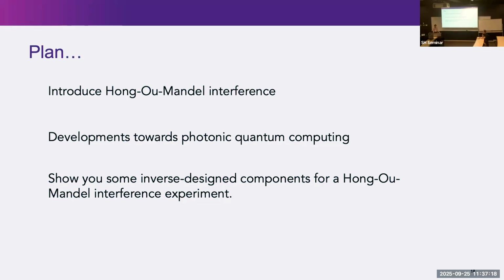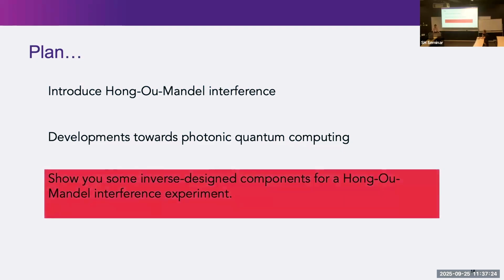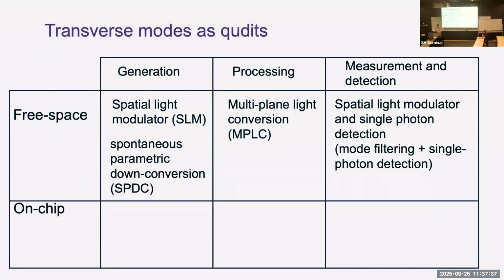Okay, so this is the last part. I want to show you some results from my lab, not very fresh, but we got them last year. But as the publishing process goes, it takes a lot of time to publish. I'm going to talk about some inverse design components for Hong-Ou-Mandel interference.